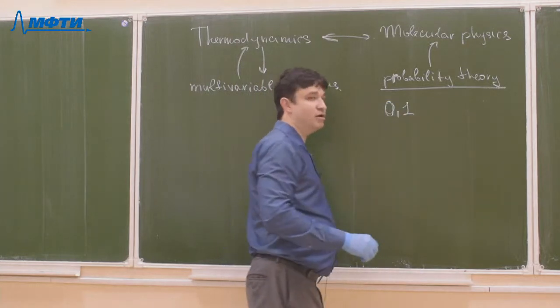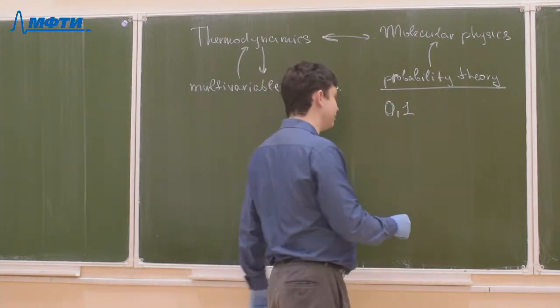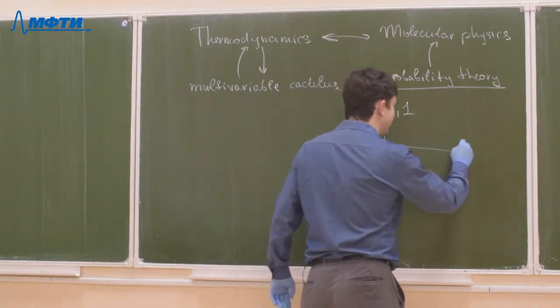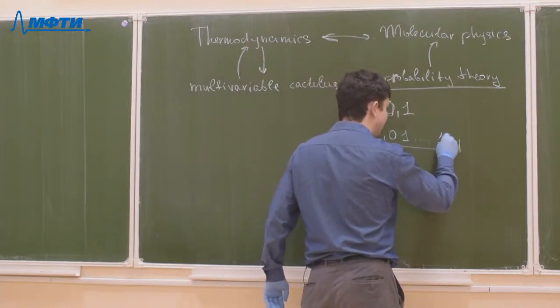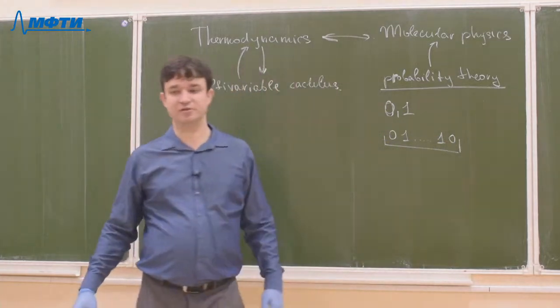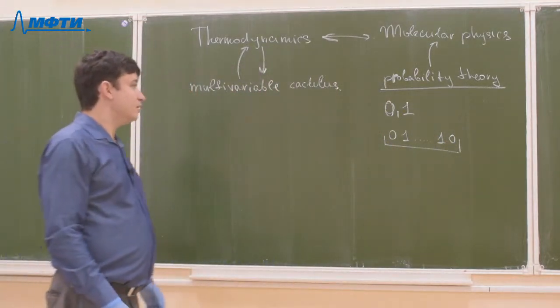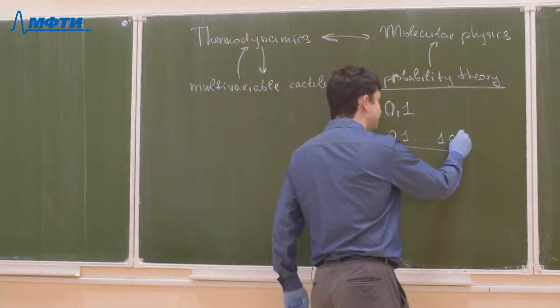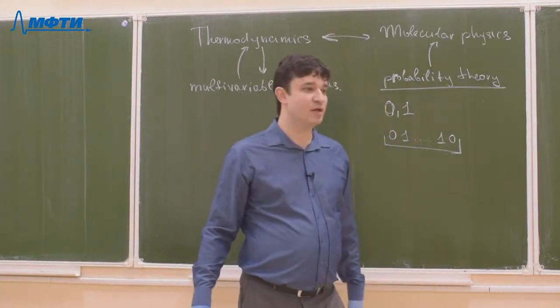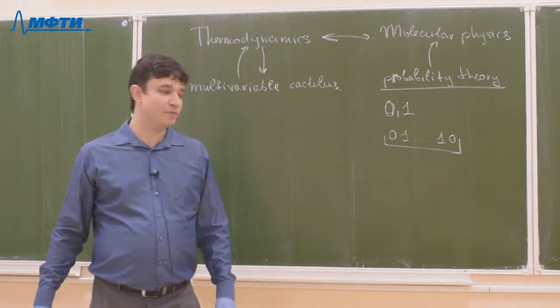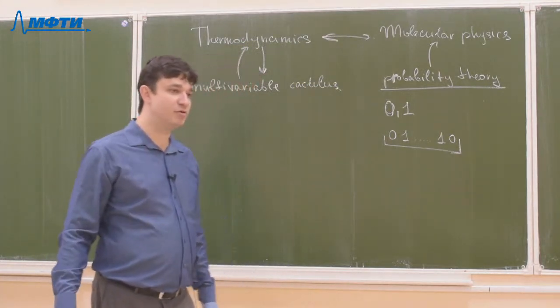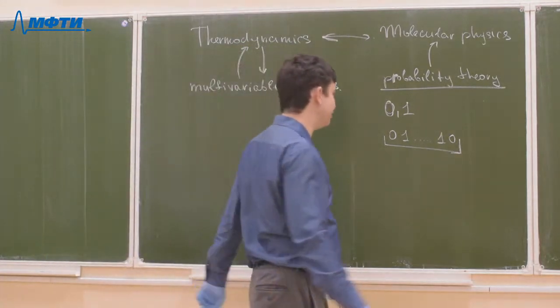And then all the results of your flipping can be denoted as a sequence of zeros and ones, which represent the results of your flipping. It's the most simple system, but nevertheless it can be used to illustrate quite complex concepts of probability theory.